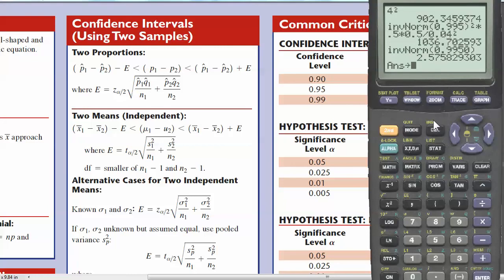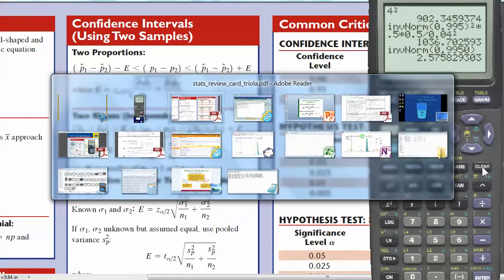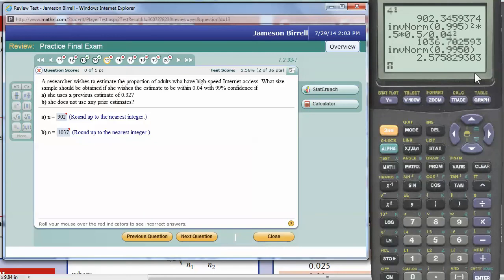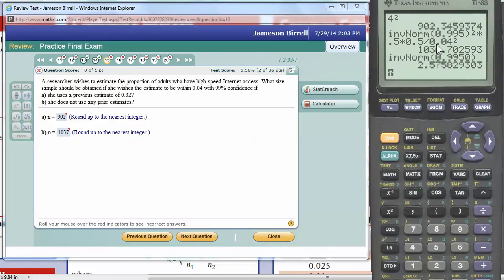And I think that's where our issue lies, because when I'm doing it with the calculator, I'm getting more accuracy. I'm getting 2.5758, which would actually make it 2.576. And that is my best guess. Either way, looking above, you can see it should have turned out to be 903 and 1037.